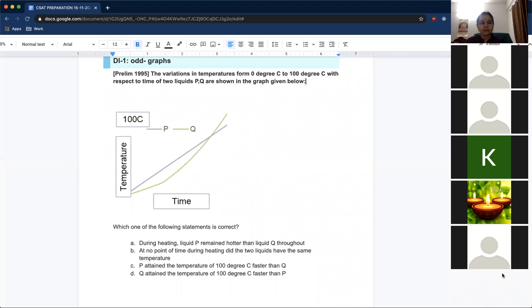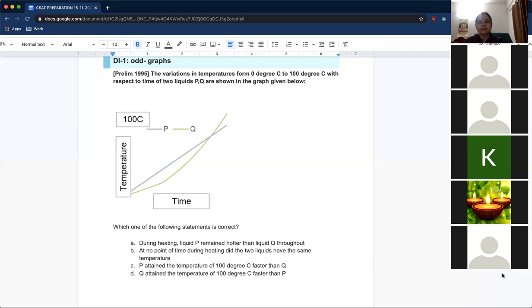At no point of time during heating did the two liquids have the same temperature. P attained the temperature of 100 degrees Celsius faster than Q. Q attained the temperature of 100 degrees Celsius faster than P.